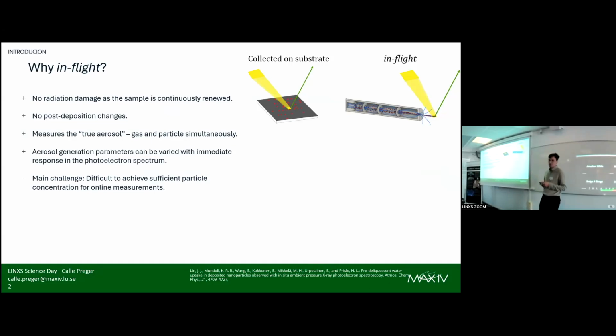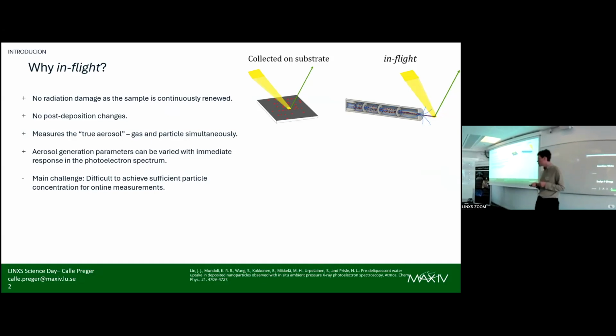In terms of aerosol research, we also measure the true aerosol, meaning that we have particles and the gas simultaneously. And if you want to study how your generated particles are influenced by external conditions, such as heat, you can just change those parameters and then get an immediate response.